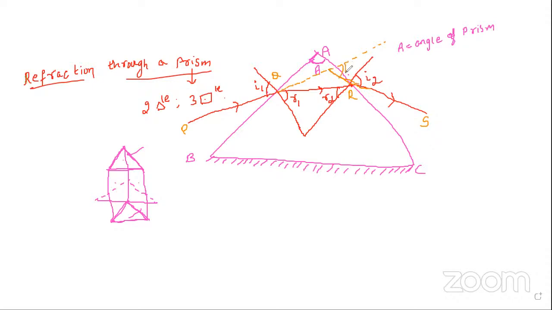That angle we call it as the angle of deviation D. What does small d represent? Angle of deviation.